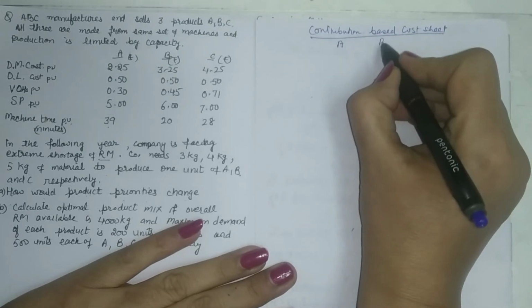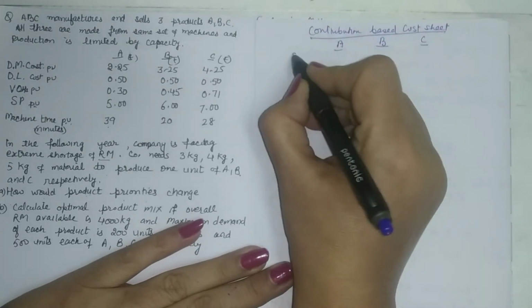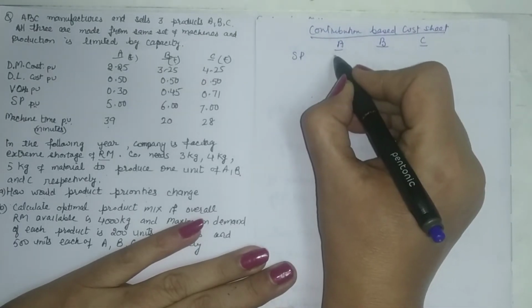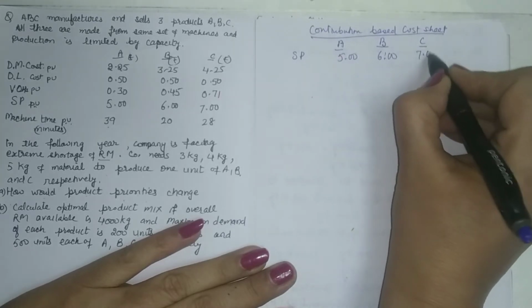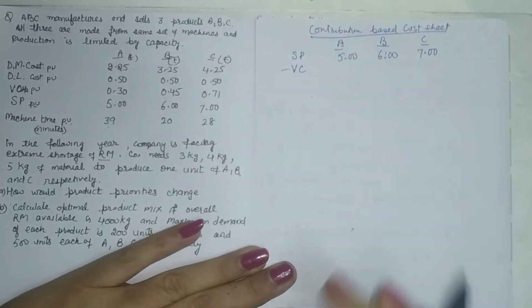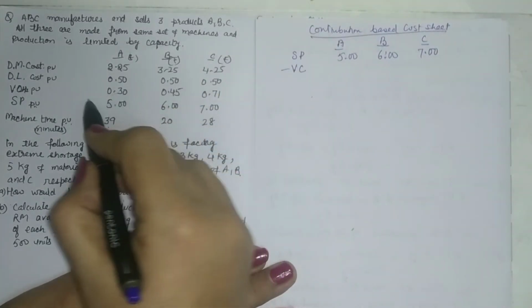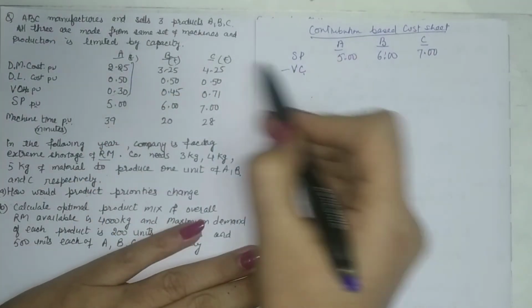So product lines A, B and C. Selling price is 5, 6, 7. Minus variable cost, because our focus is on contribution only. These are the components of variable cost.